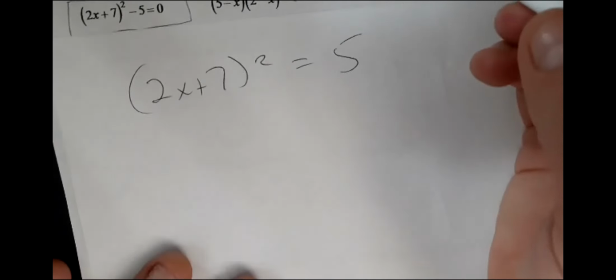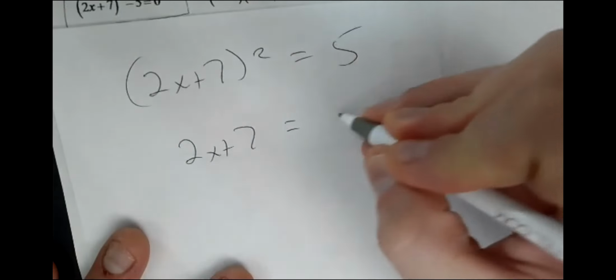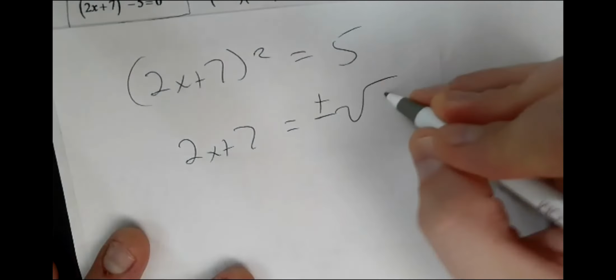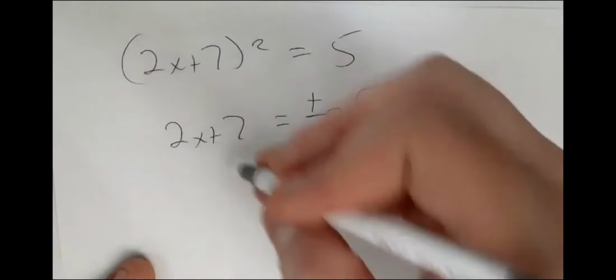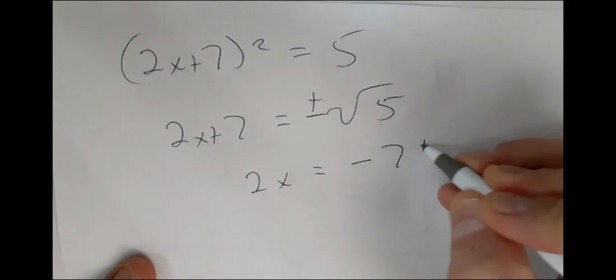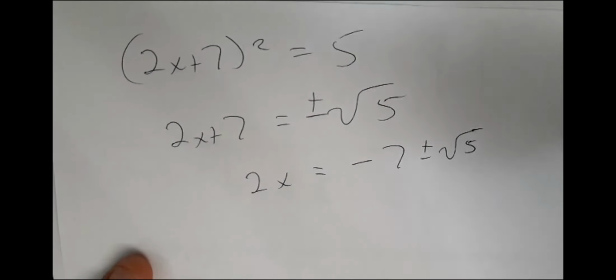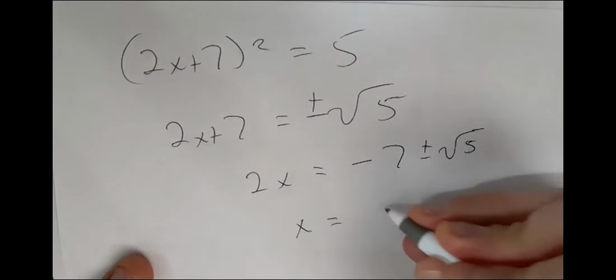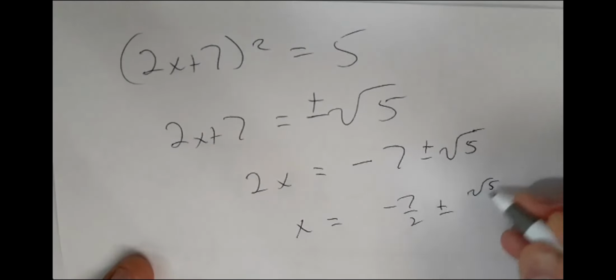Now that we got the square by itself, we can take the square root, so 2x plus 7 equals plus or minus square root of 5. And so now I'm solving this thing for x. I have to subtract 7, so 2x is equal to minus 7 plus or minus radical 5. And now I have to divide by 2, so minus 7 halves plus or minus radical 5 over 2.